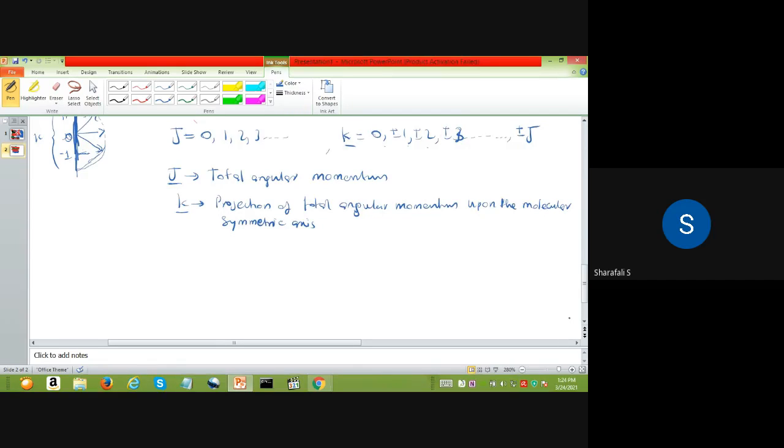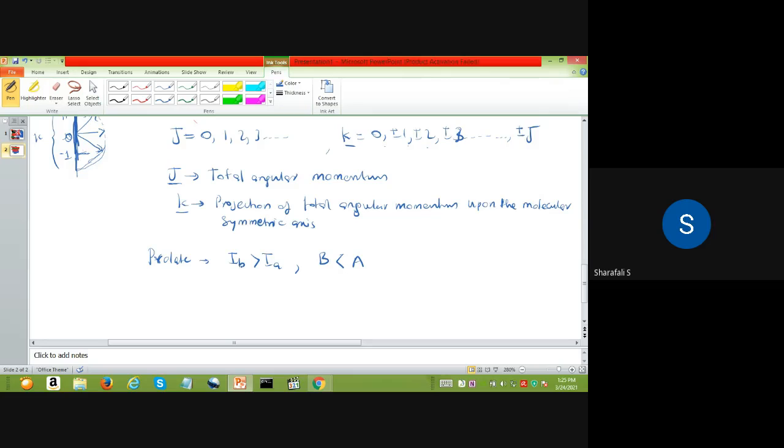Now what will be the energy level difference? It is an important thing. For the case of prolate, as you know, we have IB greater than IA. Similarly, IC is also greater than IA because IB equals IC. That gives me a B value smaller than A, because B is inversely proportional to IB and A is inversely proportional to IA.